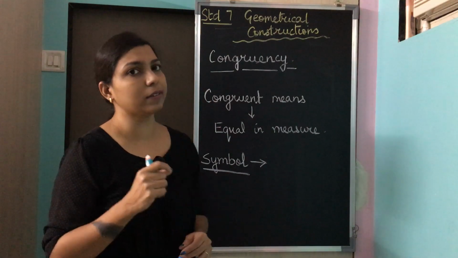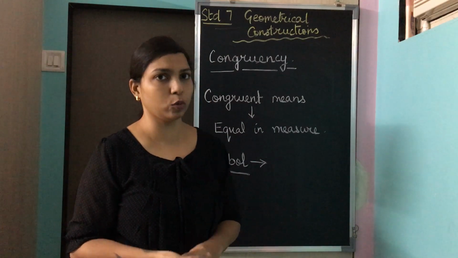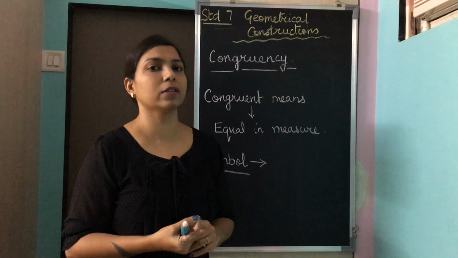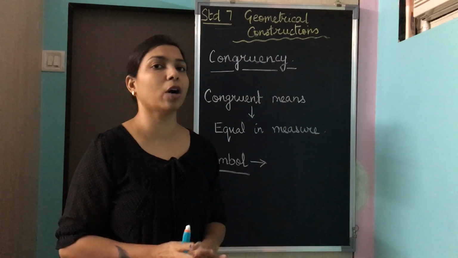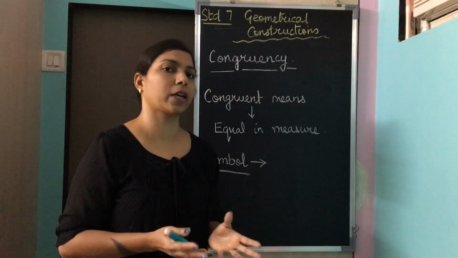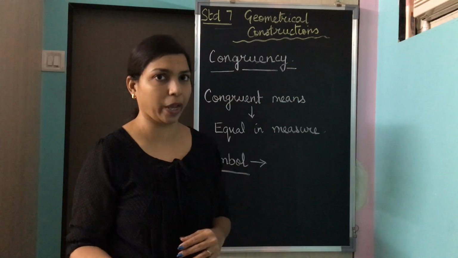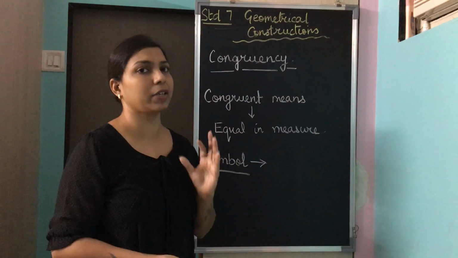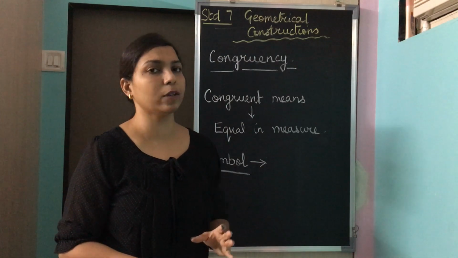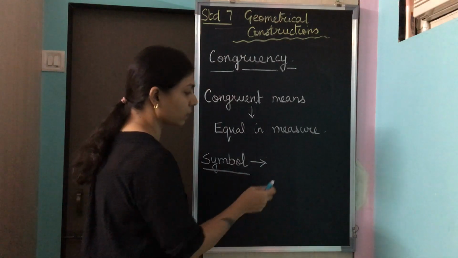Now there is a certain symbol which is used when we write the word congruent. In geometry, we use a lot of shortcuts to write certain words. Okay? So the symbol that we use for writing the word congruent is like this.